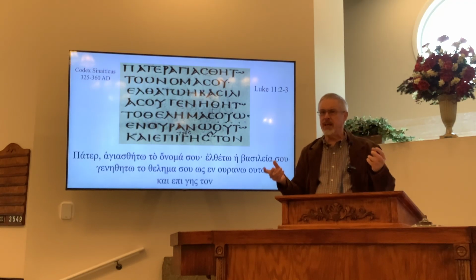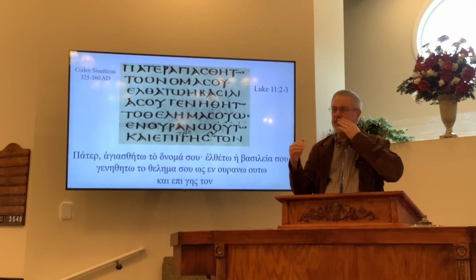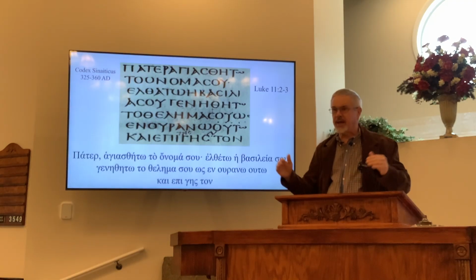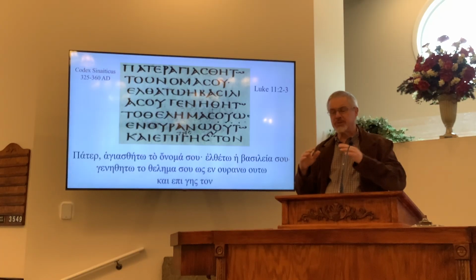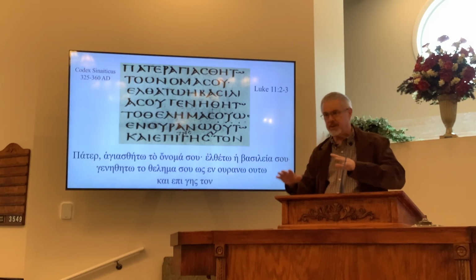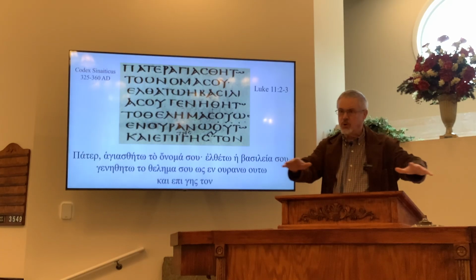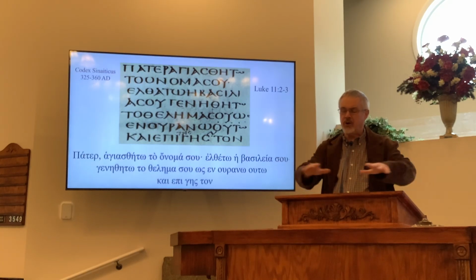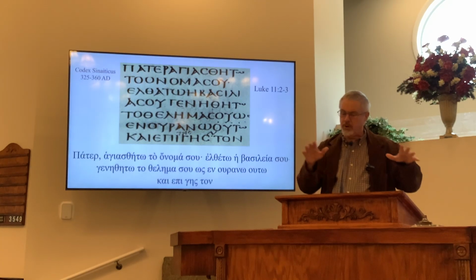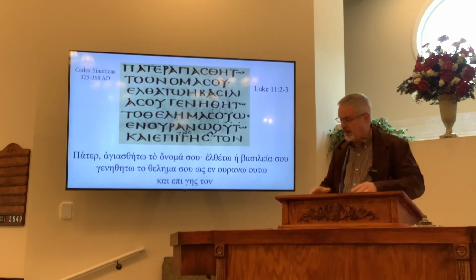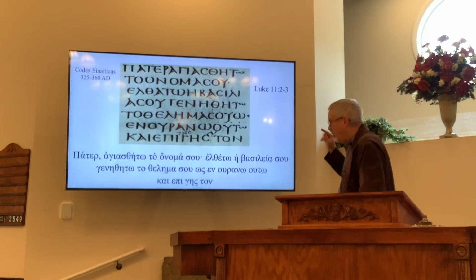And the reason is they're using different texts, different manuscripts. Some trust this manuscript for their own reasons. Others will trust a group of manuscripts and their agreement, for their reasons.